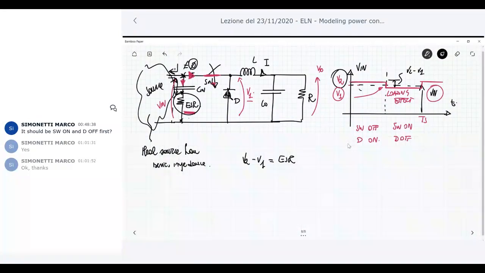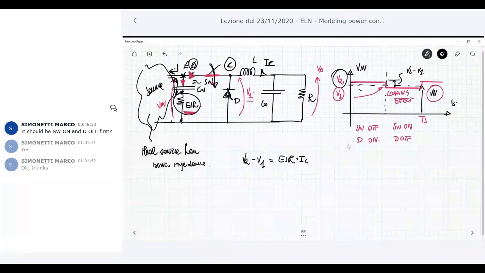Say this is the common node here. Let me call this current IC. When the switch is closed and the diode is on, the current IC appears here, and multiplied by ESR it gives you this difference.